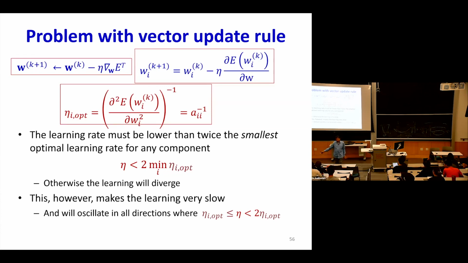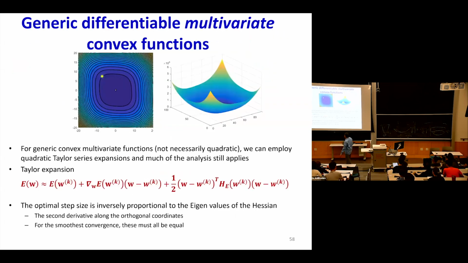But if there's a big gap between the optimal step sizes for the different directions, it's going to converge very, very slowly and never really get to an optimum. And so this makes learning very slow. And that was for quadratic functions.